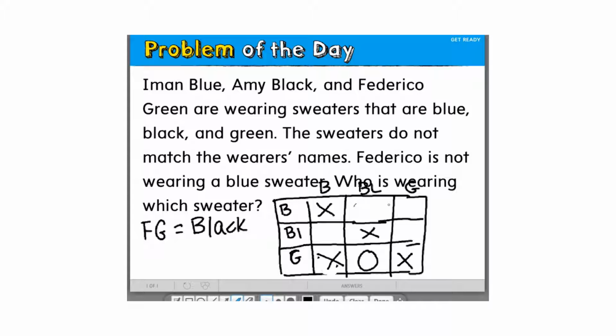Because everybody's wearing a different color sweater. So that means this person isn't, which means that person has to be wearing green, because that's all that's left. So Iman Blue can only be wearing green. And then that leaves Amy Black to only be wearing blue. Yes, good. So that was a good chart.